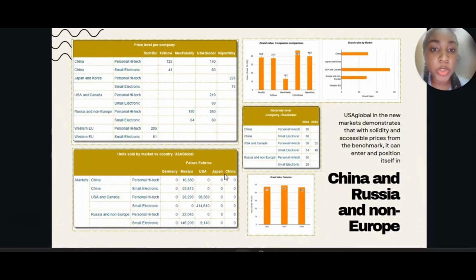Here we compare USA Global's prices with other companies. Their prices are accessible, which helps them gain market share. We also see the brand growing notably in 2024.